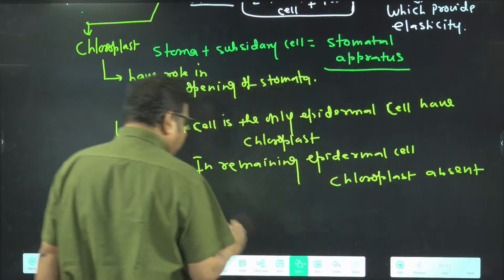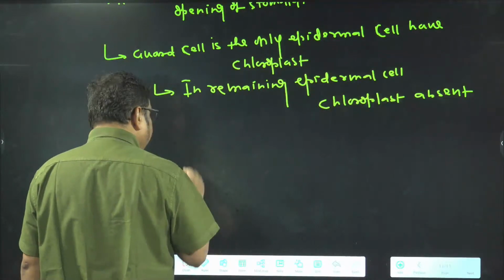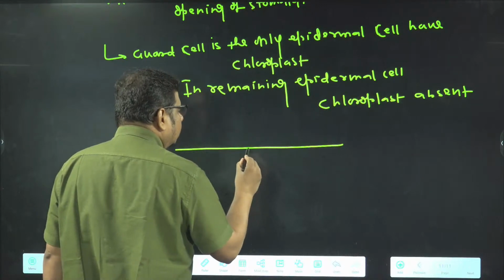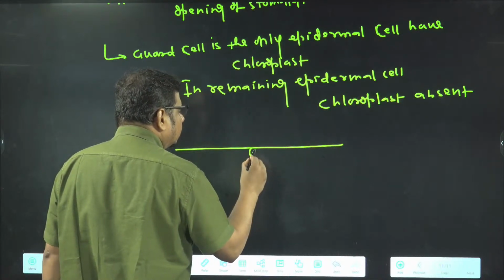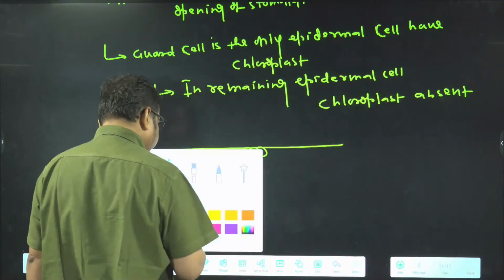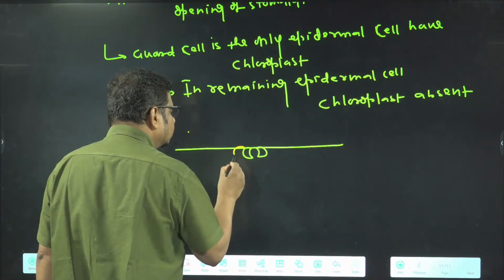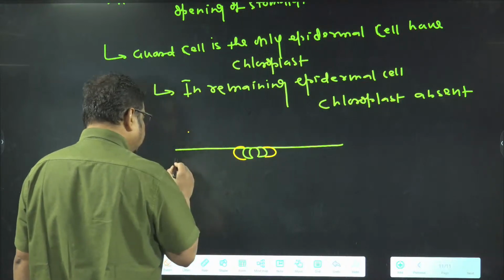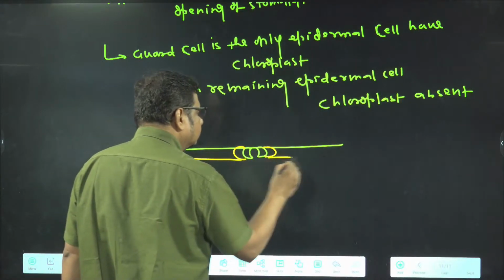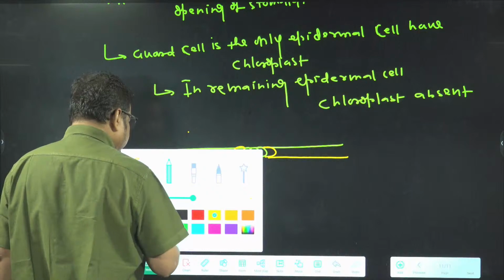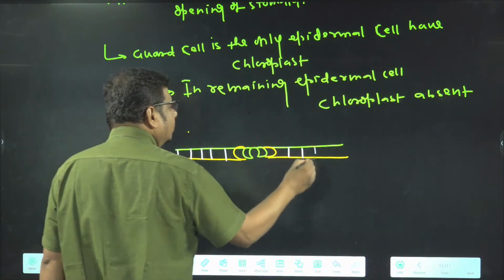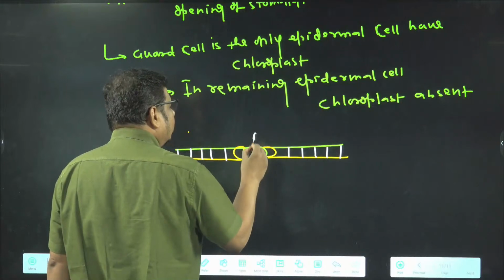Is it clear? If I draw the diagram of the epidermis, you look. It is like this. Here, pore.